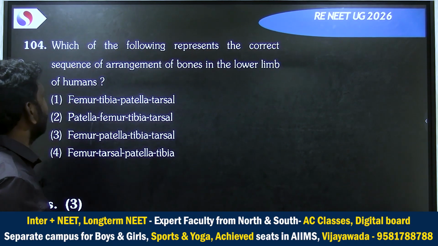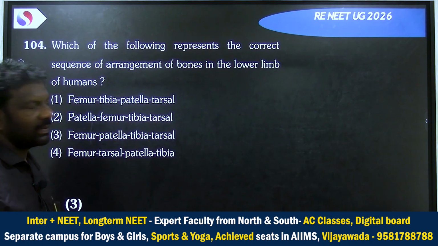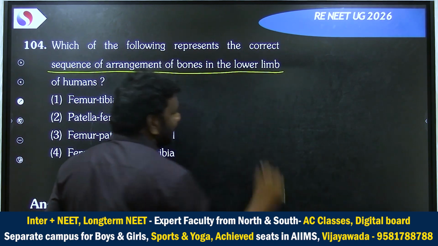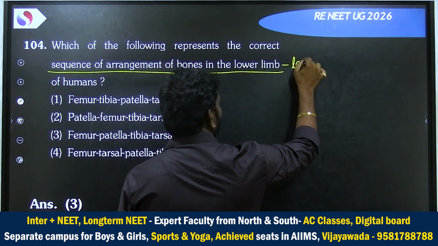So next one is 104: which of the following represents the correct sequence arrangement of bones in the lower limb? That means leg bones they are asking.